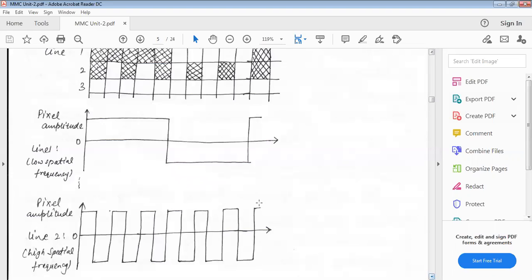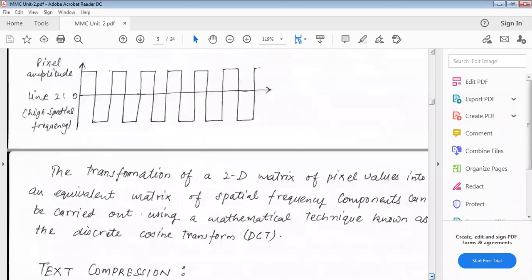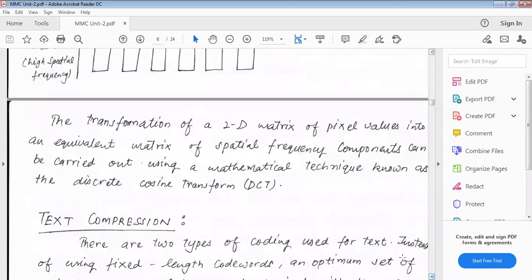Here they have taken an image with differences in the amplitude level, and they have considered spatial frequency, low frequency and high frequency. So this property they are going to exploit, converting it from one form to the other form. How do they do it?